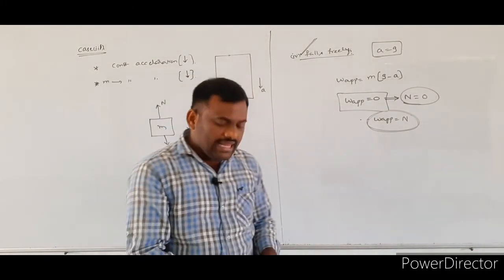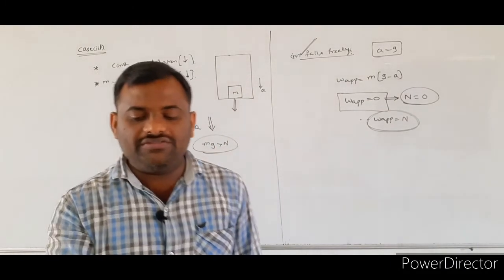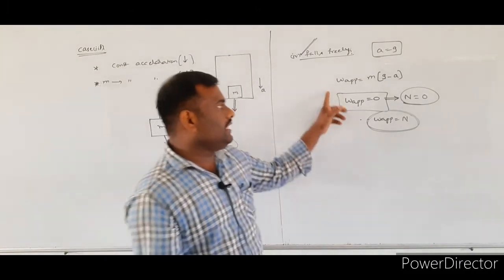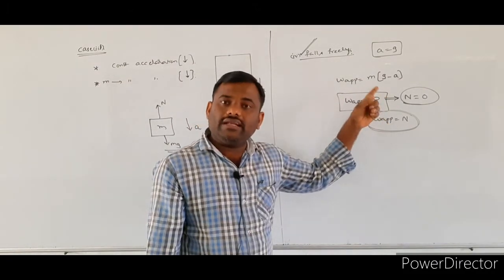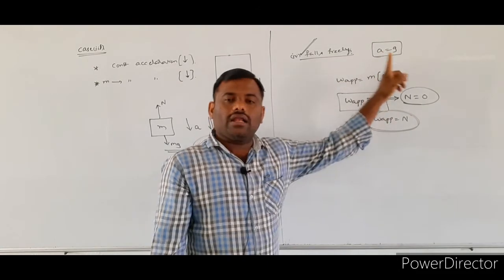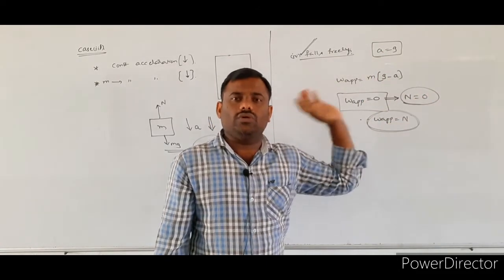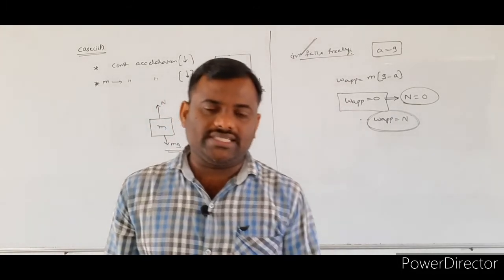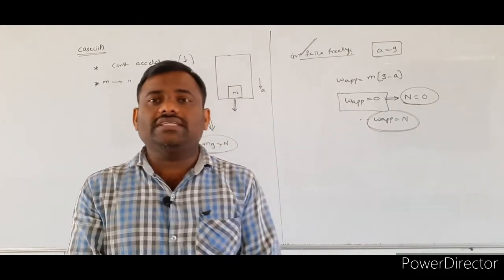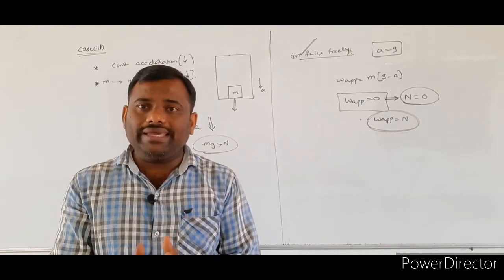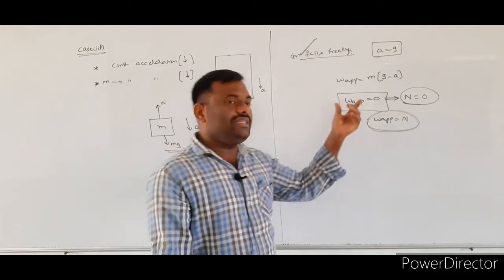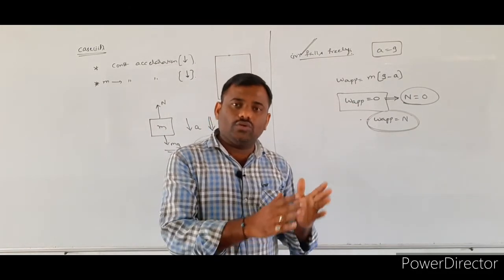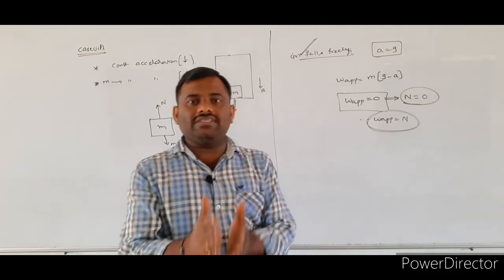Once again, whenever the elevator will be falling freely, the apparent weight value is equal to 0, which means the normal reaction is equal to 0. What is the normal reaction? Normal reaction exists whenever two different surfaces are kept in physical contact, whether it is two surfaces or a block and a given surface.